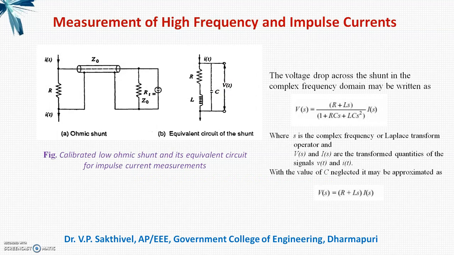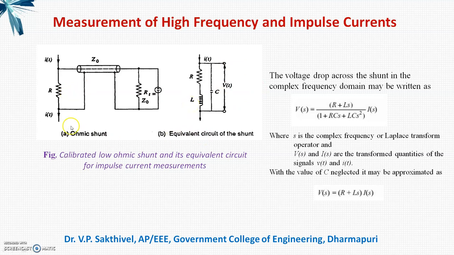The next topic is measurement of high frequency and impulse current. The most common method employed for measuring high impulse current is a low ohmic pure resistive shunt, and the equivalent circuit is shown here.